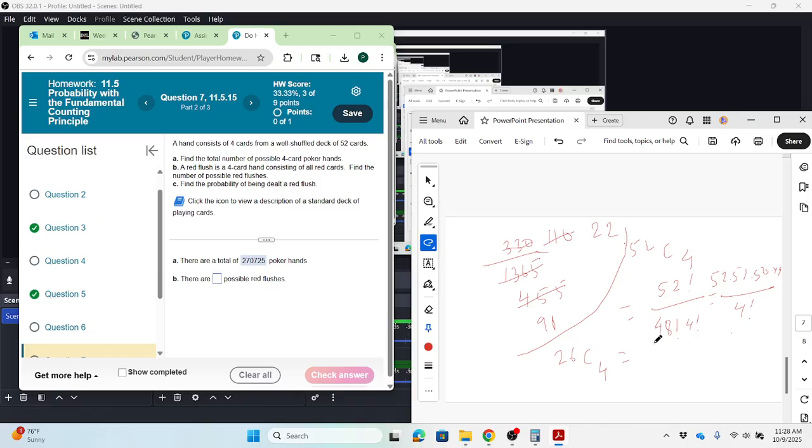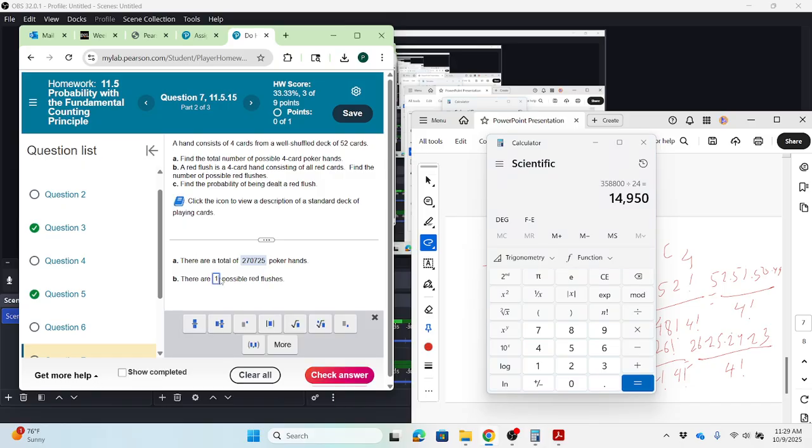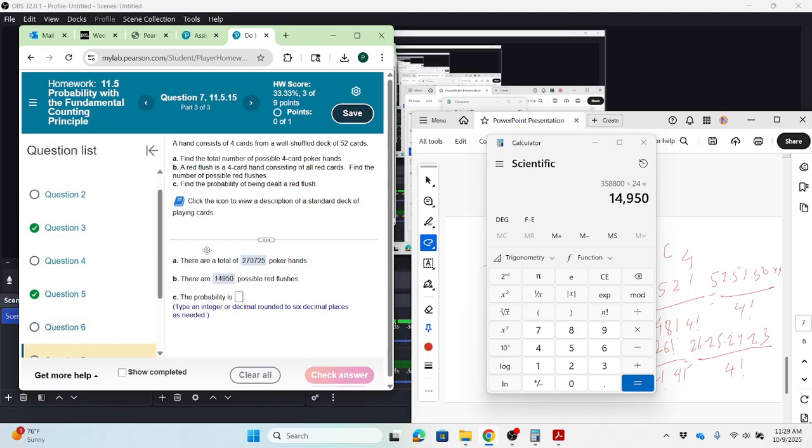This is 26 factorial divided by 26 minus 4, which is 22 factorial, times 4 factorial, which is 26 times 25 times 24 times 23 divided by 4 factorial. We can use the very same idea. Just multiply 26 times 25 times 24 times 23 and divide by 24, because 4 factorial is 24. It's 14,950 different ways you can have a red flush.